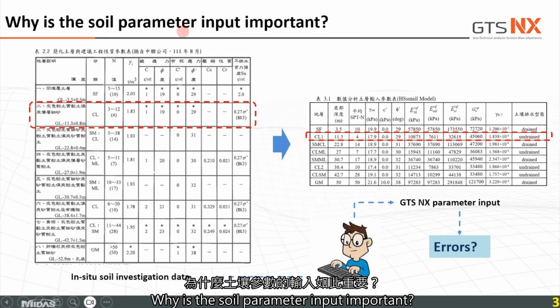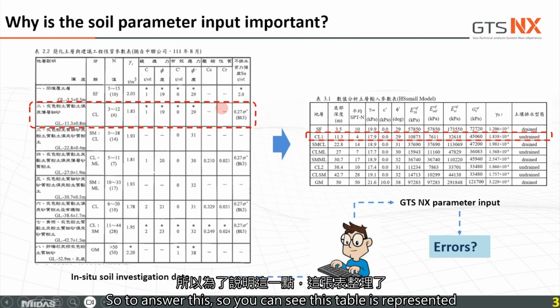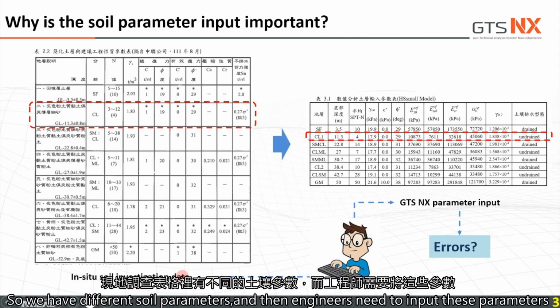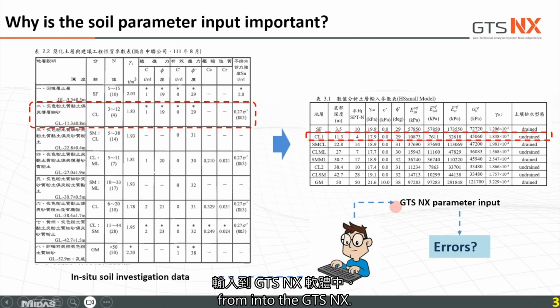Why is the soil parameter input important? To answer this, you can see this table represents the in situ soil investigation data. We have different soil parameters, and engineers need to input these parameters into GTS NX.